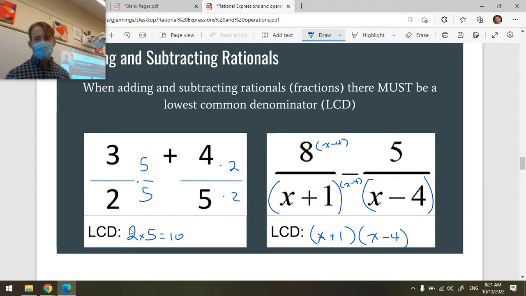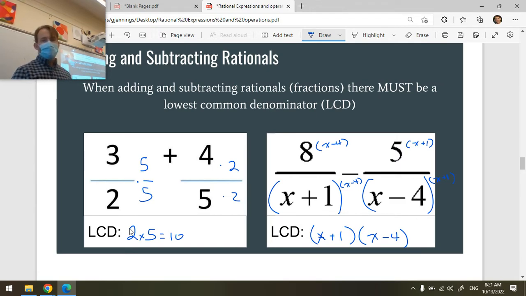And then this one's going to be top by x plus 1 and bottom by x plus 1. Multiply top and bottom by the same thing. You're multiplying by 1, and that will give you your common denominator. Did I write minus 1? I did. My goodness. Yeah, this will be positive.